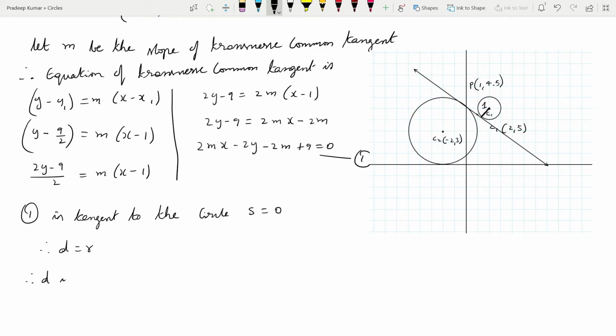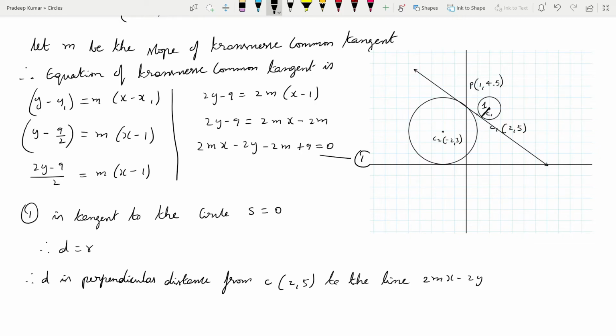So d is the perpendicular distance from the center, which is 2, 5 for this circle, to the line we obtained as equation 1, that is 2mx minus 2y minus 2m plus 9 equal to 0.